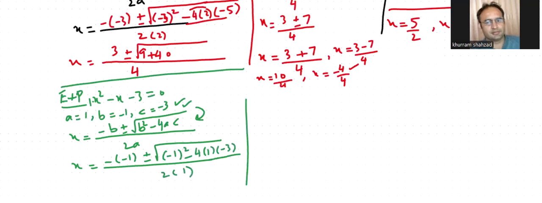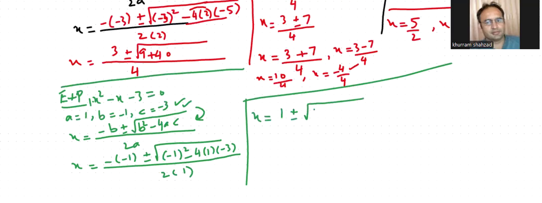So x is equal to 1 plus minus square root of 1 plus 12, since 4 ones are 4, and 4 times negative 3 is negative 12, and negative negative becomes plus 12, divided by 2. So this will turn out to be 1 plus minus square root of 13 divided by 2.